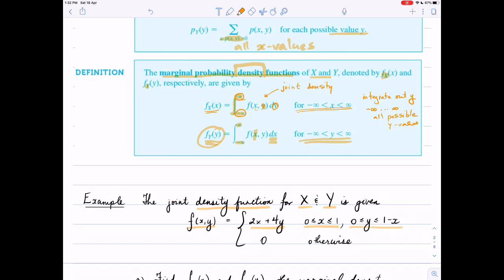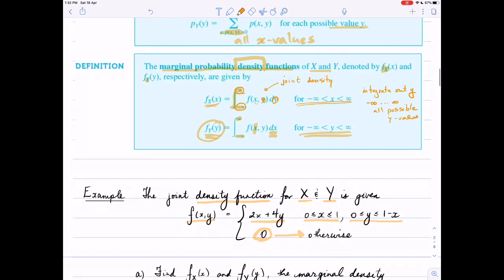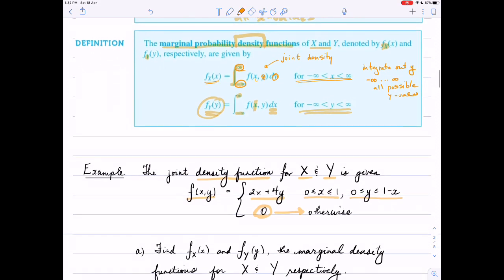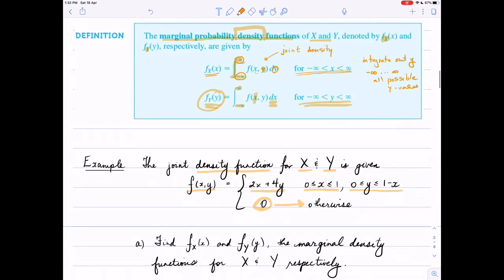There is the support of x and y, and outside that region, there is zero probability density. We are being asked to find f sub x of x and f sub y of y, the marginal density functions for x and y respectively.